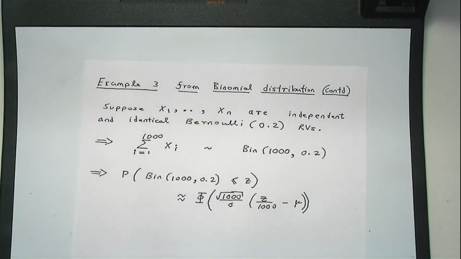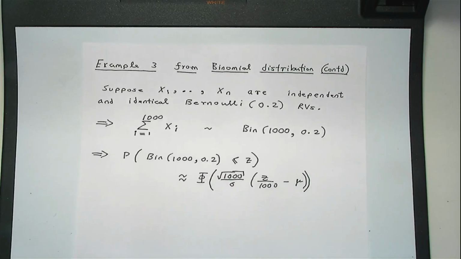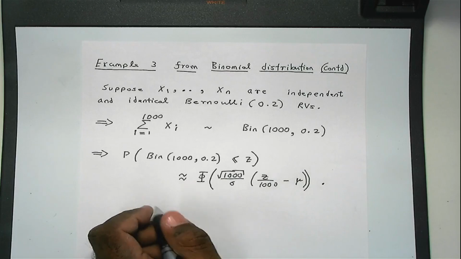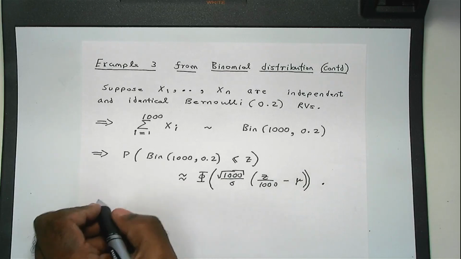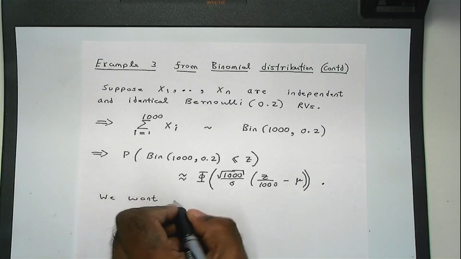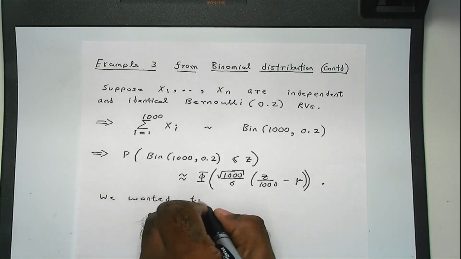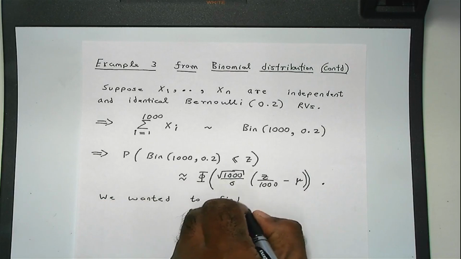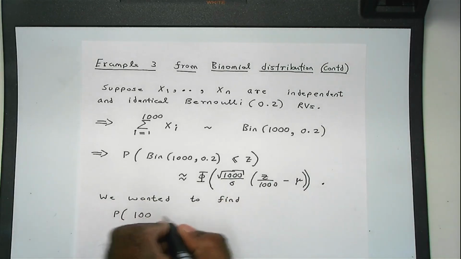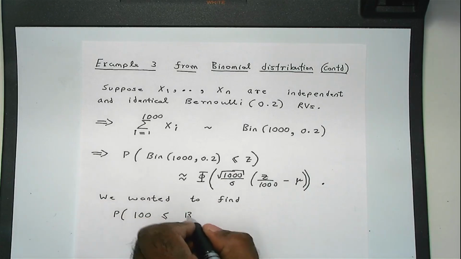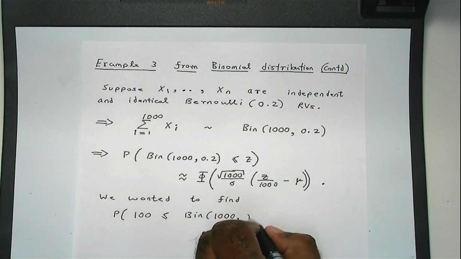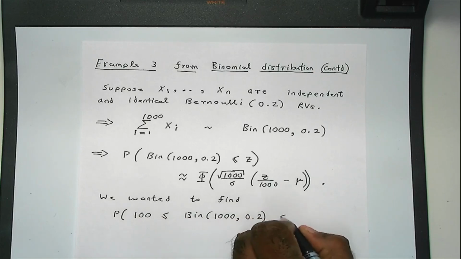The question that we wanted to answer is the following: we wanted to find the probability that a binomial variable with parameters 1000 and 0.2 lies between 100 and 200.